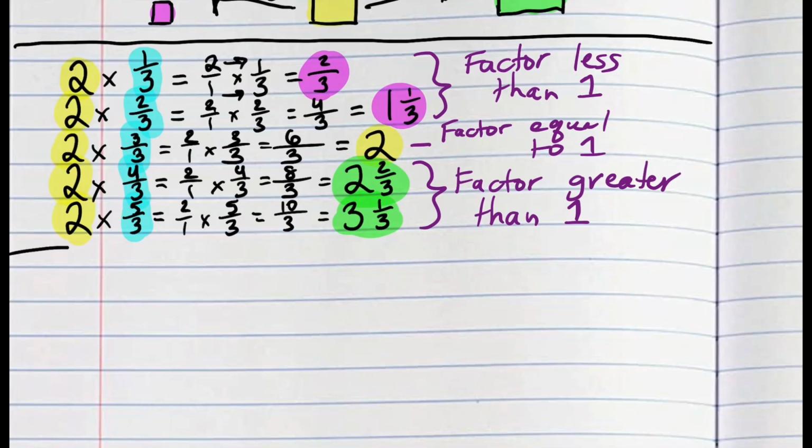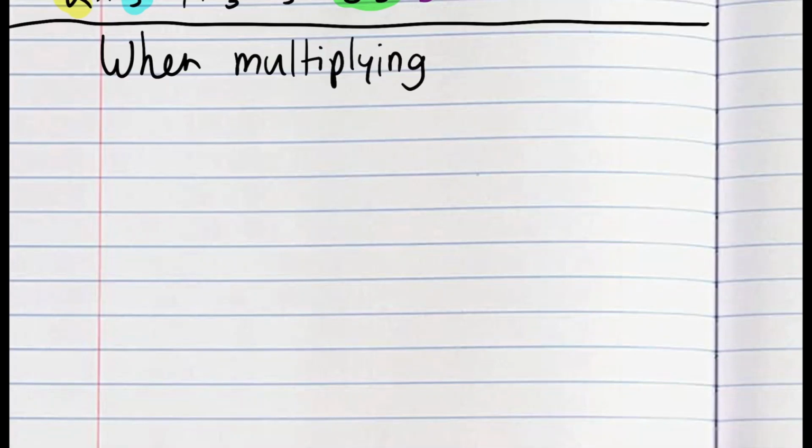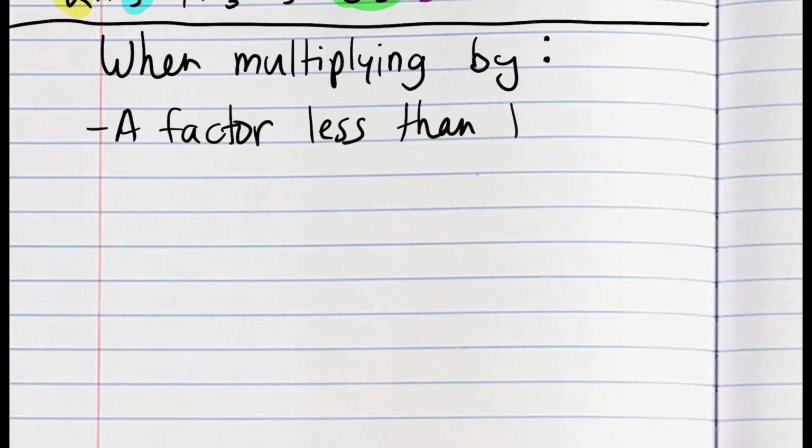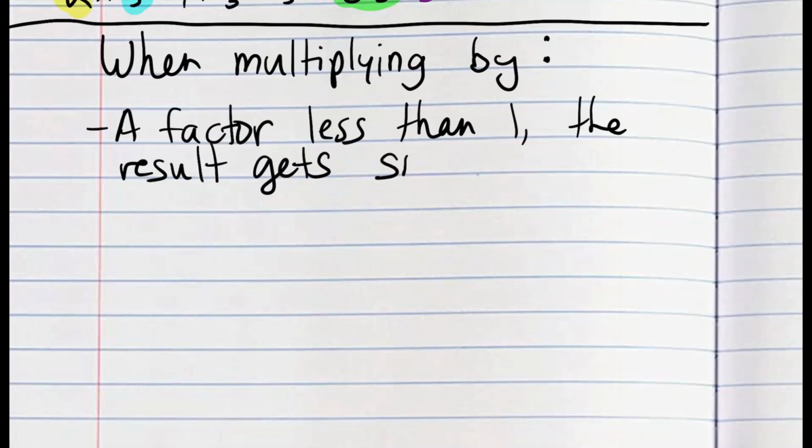So here's the big takeaway. Let's move my page up. When multiplying by a factor less than 1, the result gets smaller.